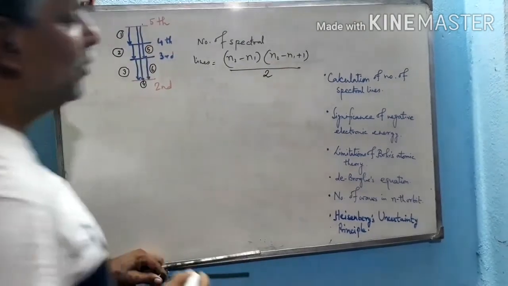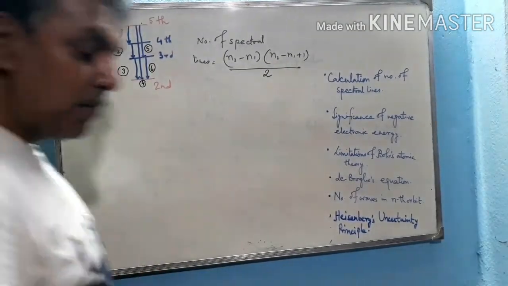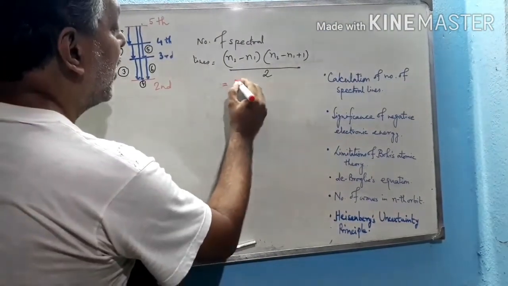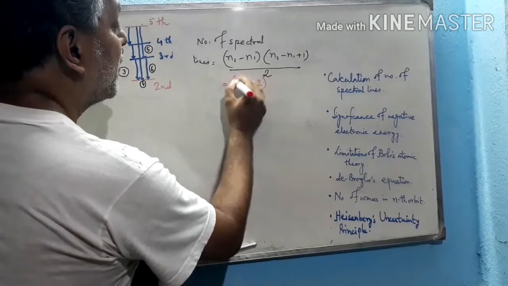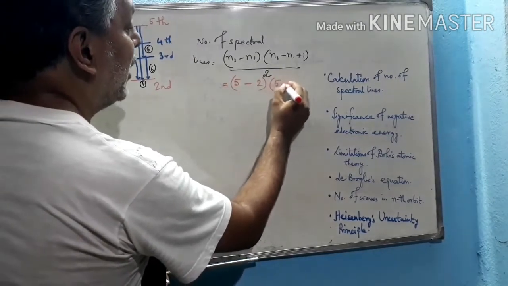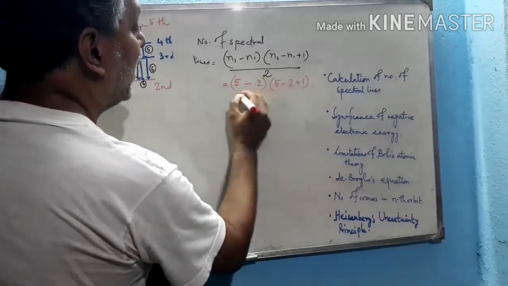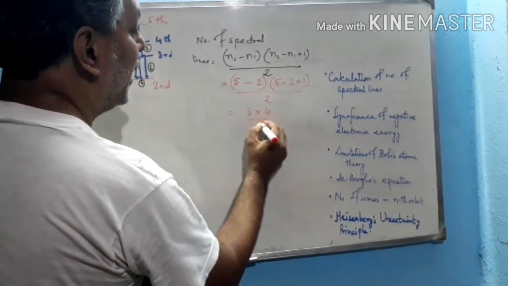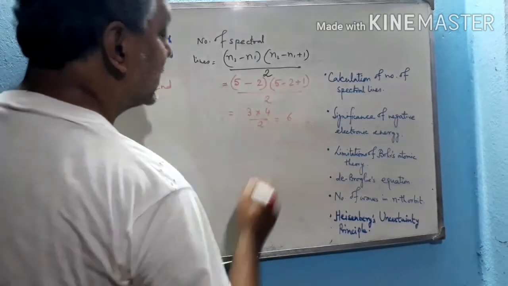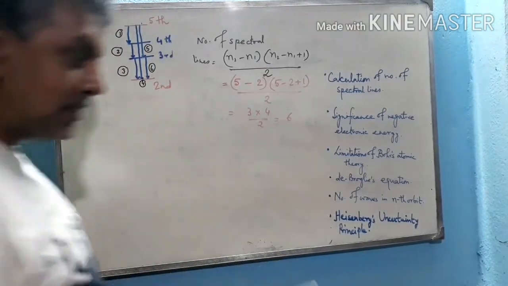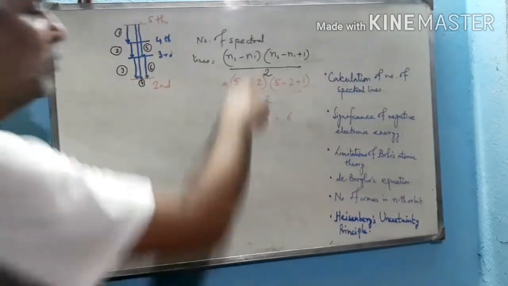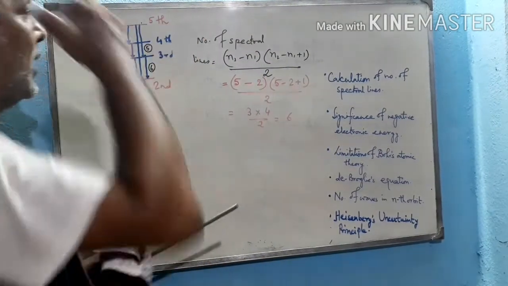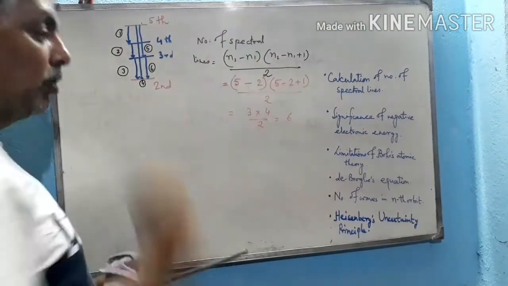Here n2 is 5 and n1 is 2, so (5 minus 2) into (5 minus 2 plus 1) divided by 2, that is 3 into 4 by 2, which is also equal to 6. That's why we may say that through this equation we can calculate the number of spectral lines obtained when an electron jumps from the n2 to the n1 orbit.